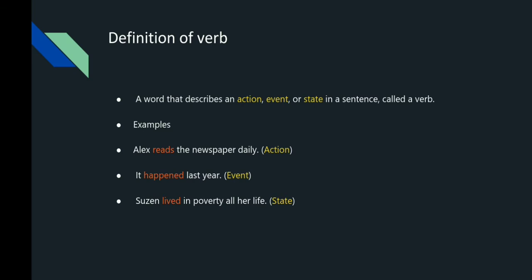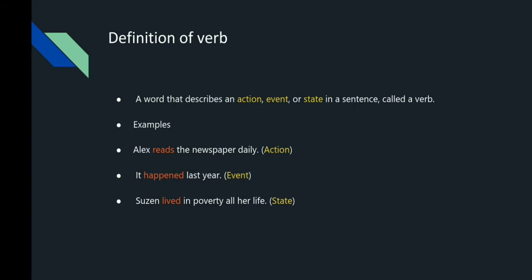Now, in this sentence, reads is actually the verb because it represents an action which is actually showing a habit here. Okay, so reads is a word that is showing an action, so that is actually a verb, and it happened last year. Now, in this sentence, the word happened is signifying an event. Okay, so it is actually a verb in this sentence.